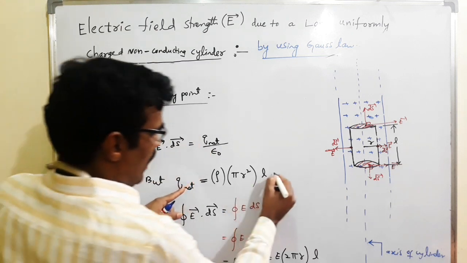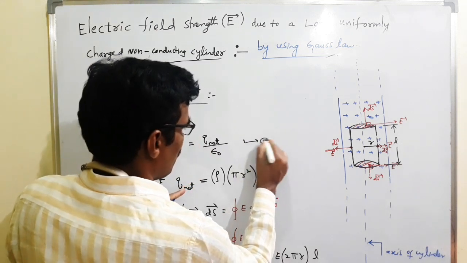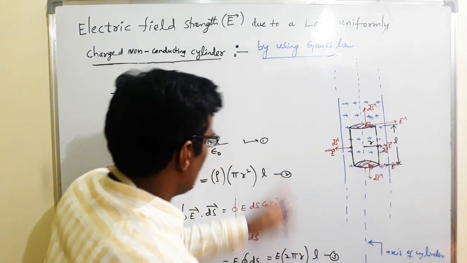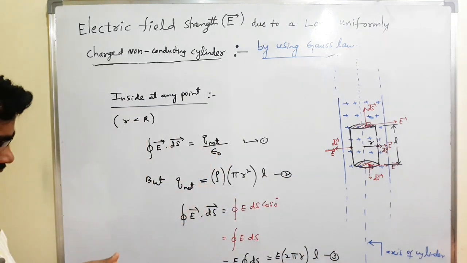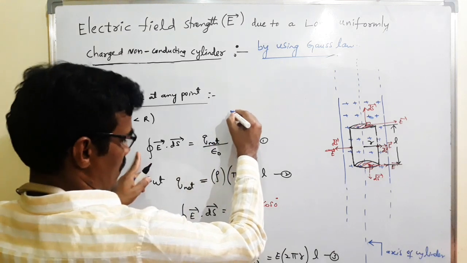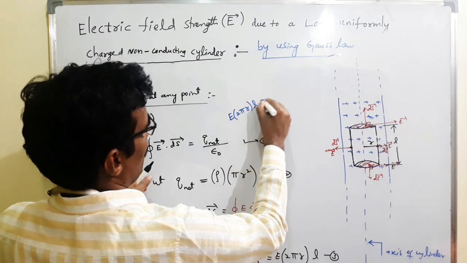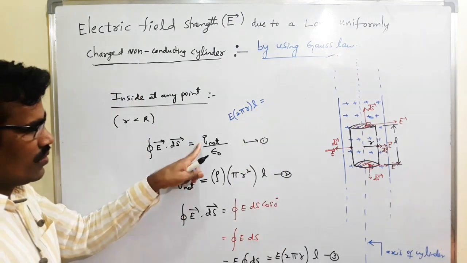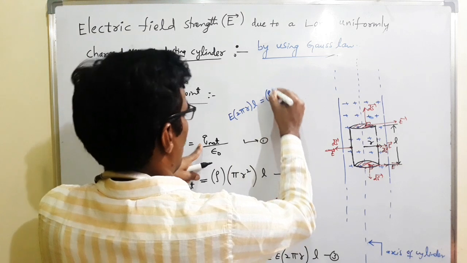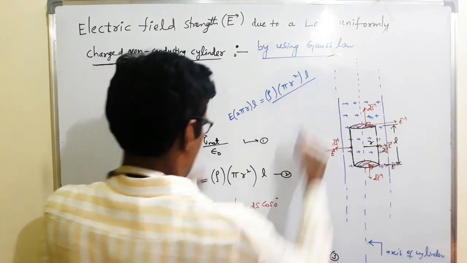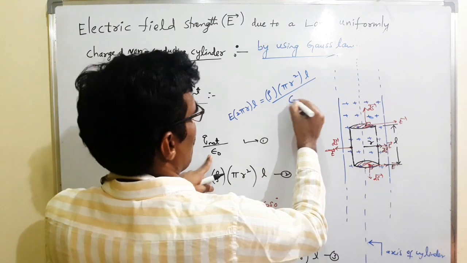So these are equation 1, equation 2, equation 3. Substituting these values, we get the relation. All of you listen: E into 2 pi r into L is equal to Q net, rho into pi r square into L, by epsilon naught.